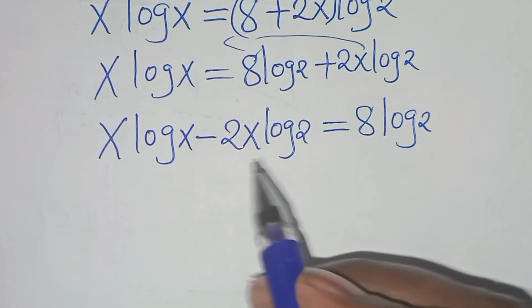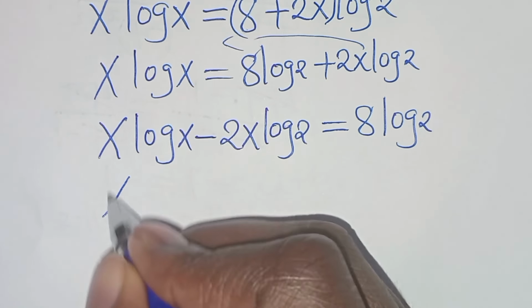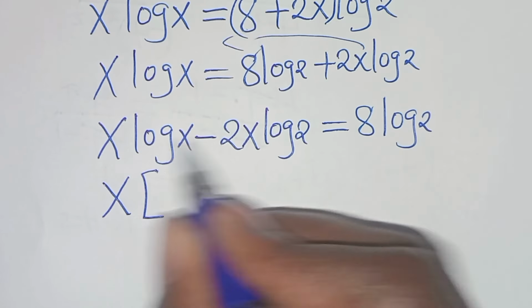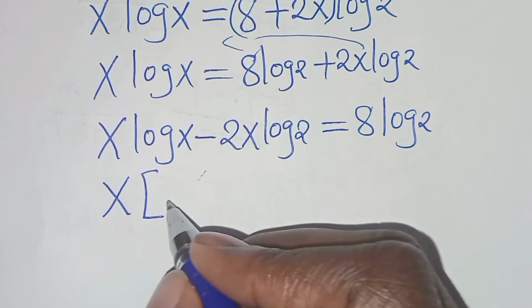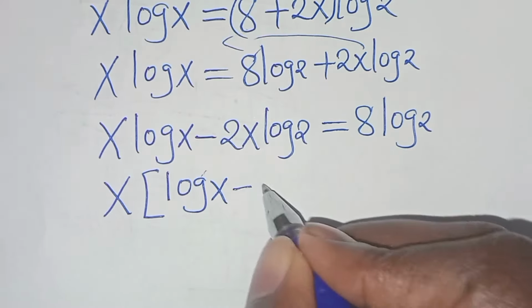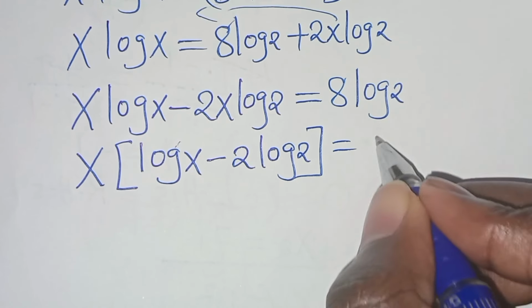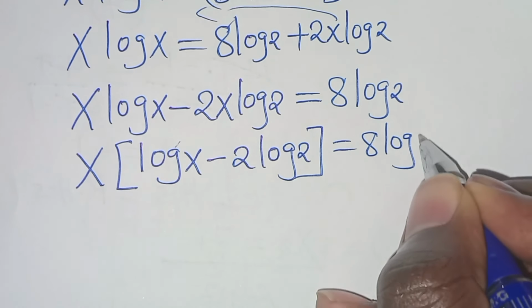The next step is that x is common here, so we can factor out x, so that we have x into the parentheses: log x, subtract 2 log 2, equal to 8 log 2.